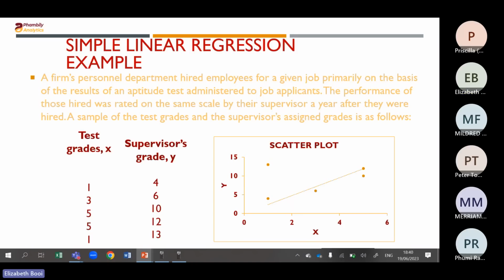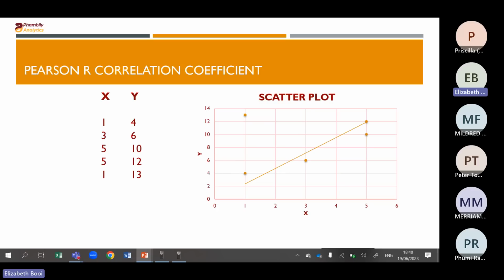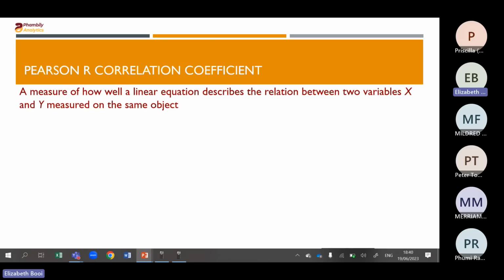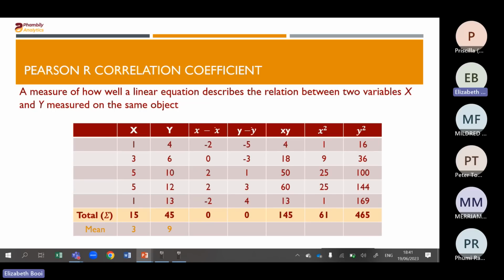Okay, so we can take these values and we already did the scatter plot on it, but we can also calculate the coefficient of correlation. Calculating the coefficient of correlation will help us understand the strength of that relationship.